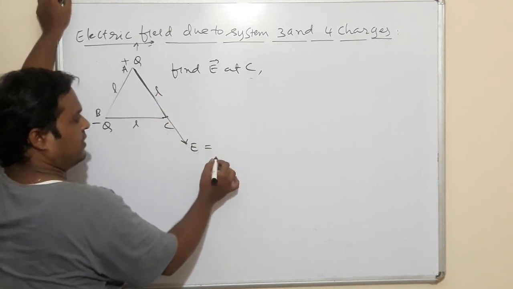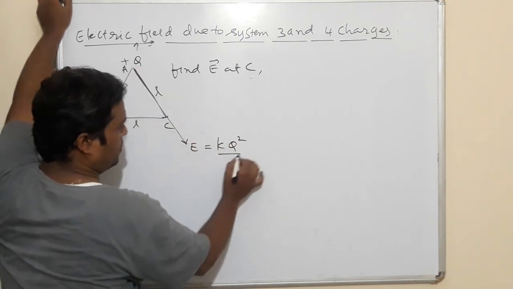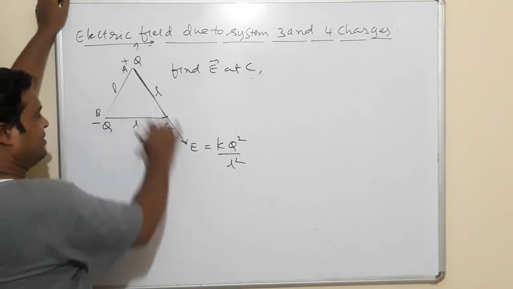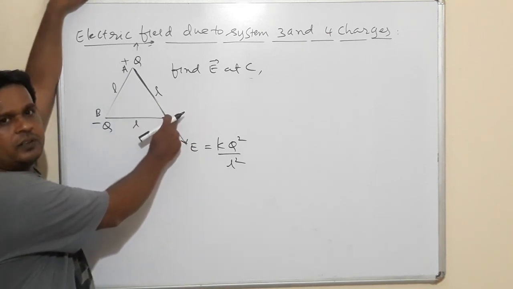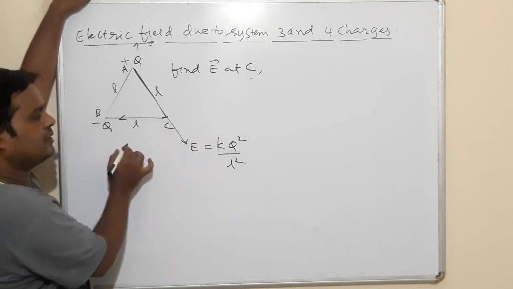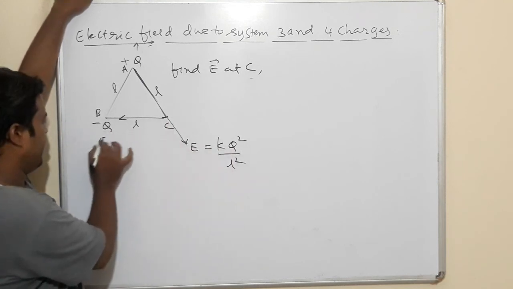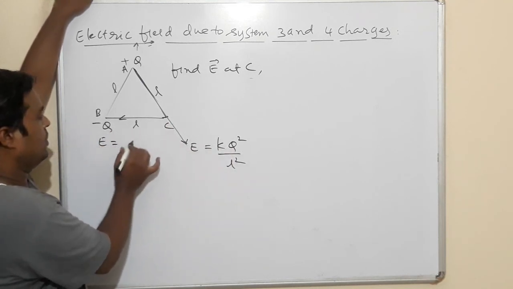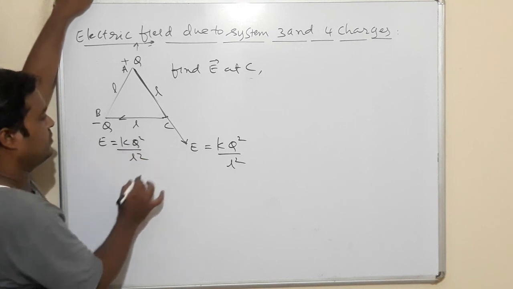What is the net field? The field due to this charge will be kq square by L square. This is a negative charge. At this point I want to calculate the electric field. Whether it is towards the charge or away from the charge, it is towards the charge. Then this will also be the same value. The magnitude is the same: E is again kq square by L square.